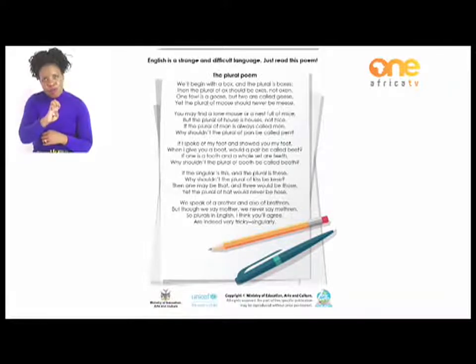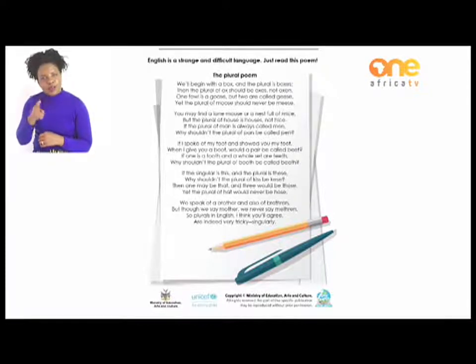Yet the plural of moose should never be meese. You may find a lone mouse or a nest full of mice, but the plural of house is houses, not hice. If the plural of man is always called men, why shouldn't the plural of pan be pen?